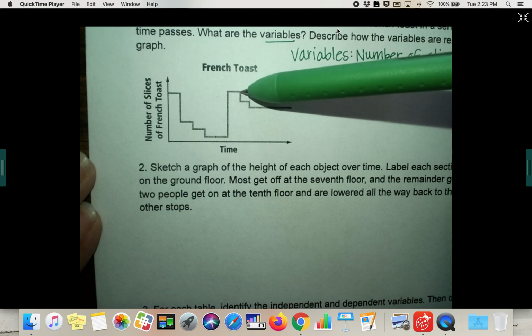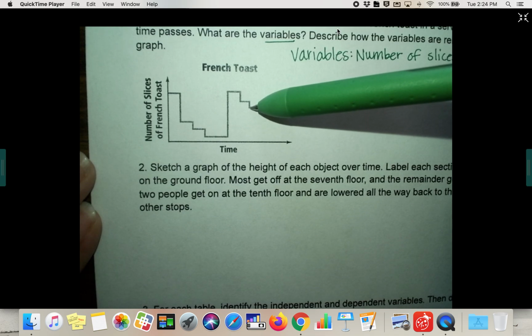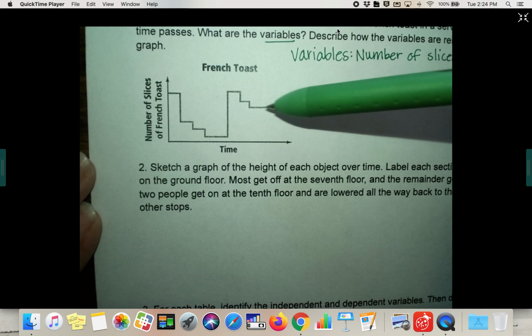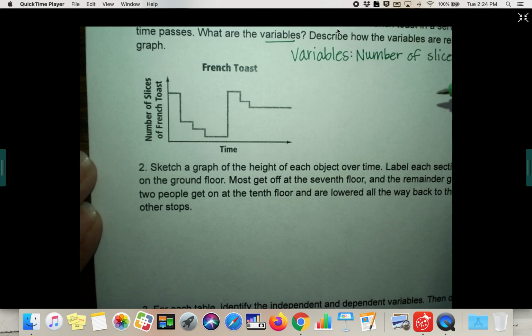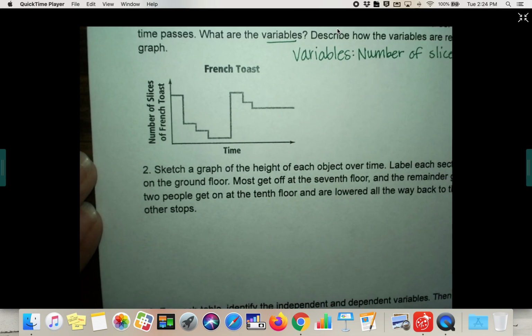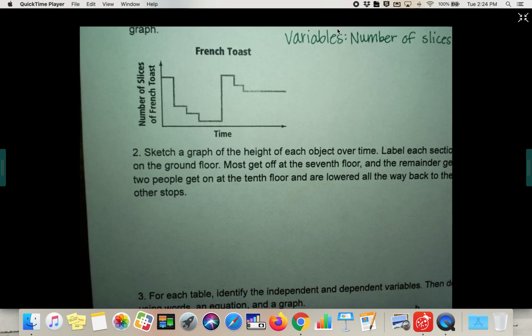And then once again, time goes by, a little bit is taken, time goes by, a little bit more is taken, and then time goes by with this same constant steady amount. So I'm not going to write all that. I hope you did something similar to what I just talked through, but that would explain how the variables are related as time goes on.